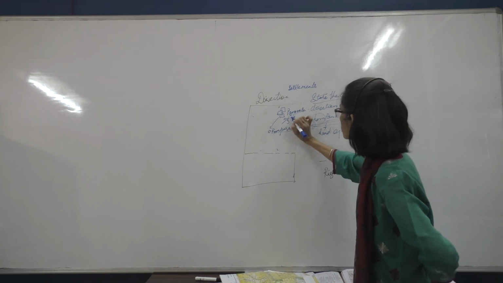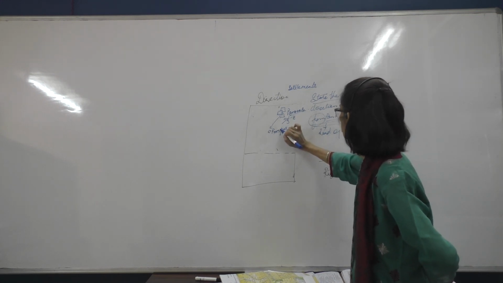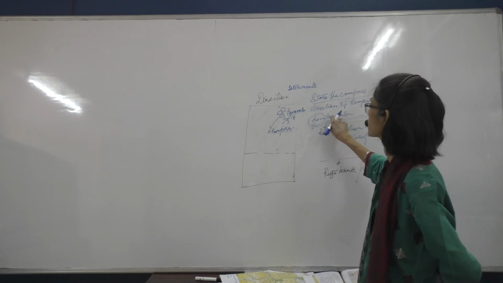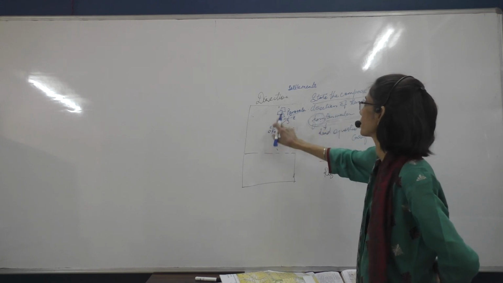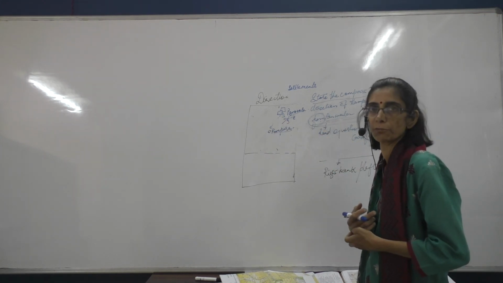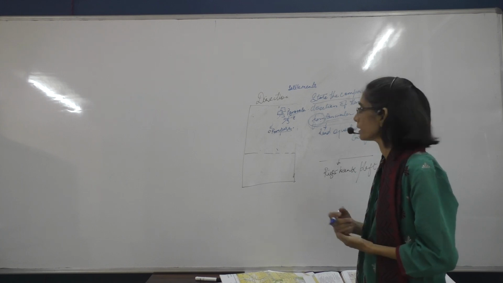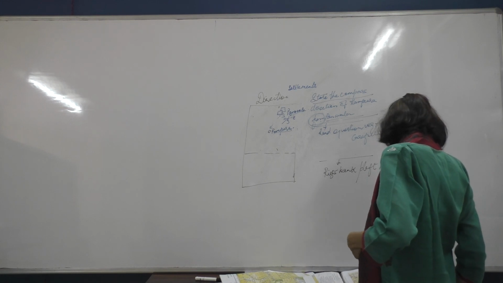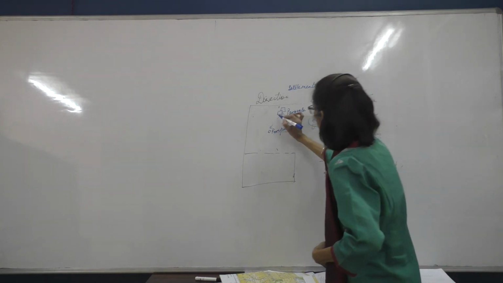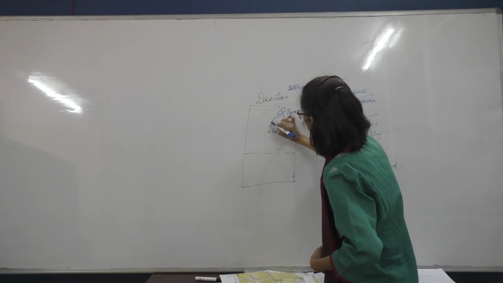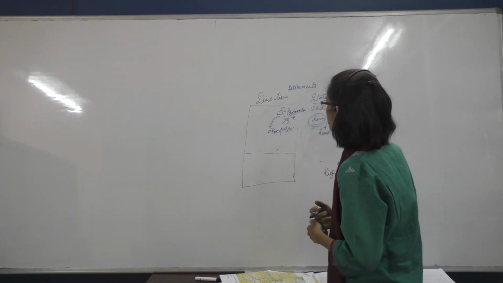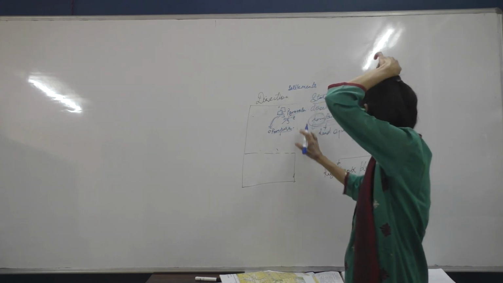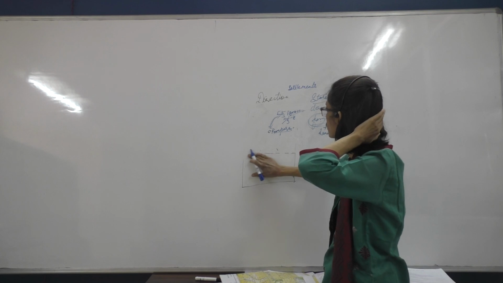Whichever city the from is written in front of, you have to identify the direction from that city. Similarly, they can ask you what road you would utilize in traveling from here to here. In that case also you'll have to first know the direction. So this is about the direction of the city.